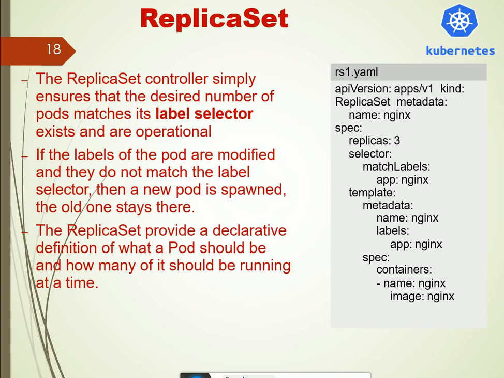If the labels of the pod are modified and they don't match the label selector, then a new pod is spawned. The old one stays there. The replica set provides a declarative definition of what a pod should be and how many of it should be running at a time.